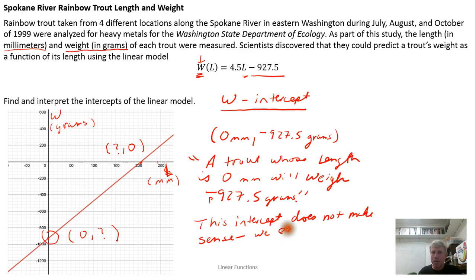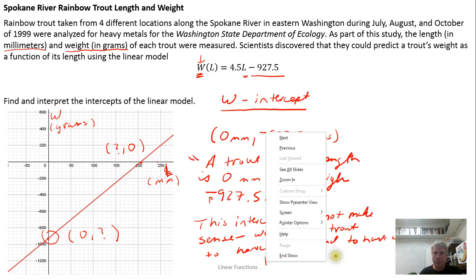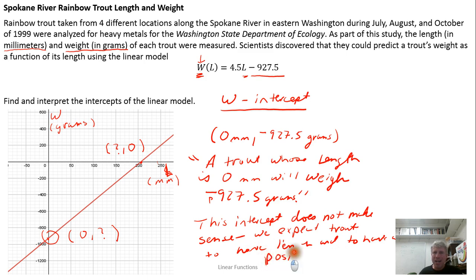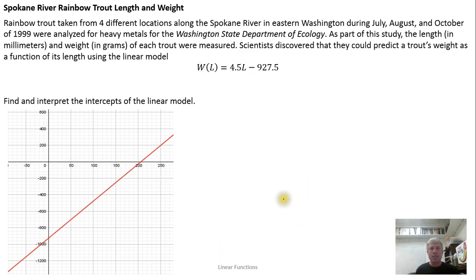We expect trout to have length and to have a positive weight. So the negative weight doesn't make any sense. So that's the W intercept.